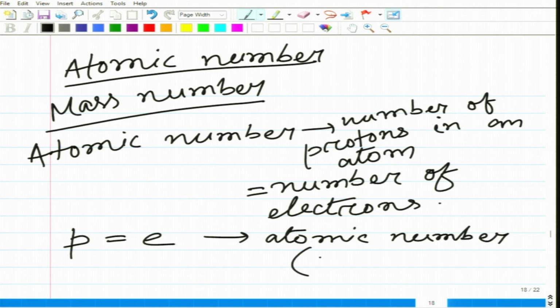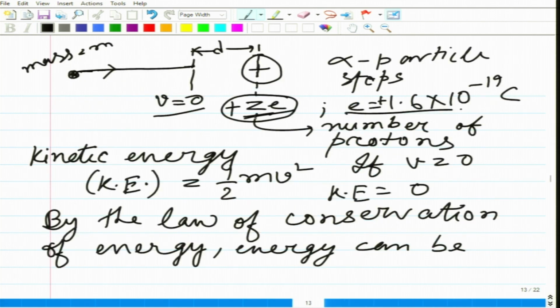This is represented by Z. Remember, we had said that Ze is the charge of the nucleus. This Z is actually the atomic number.